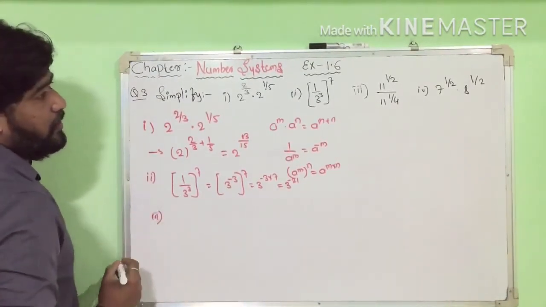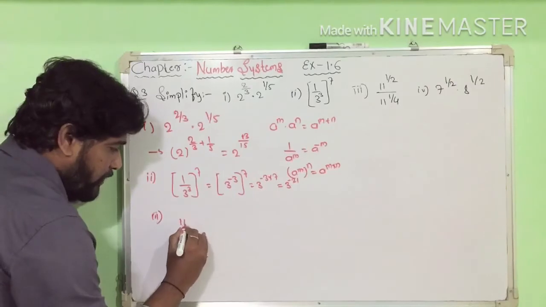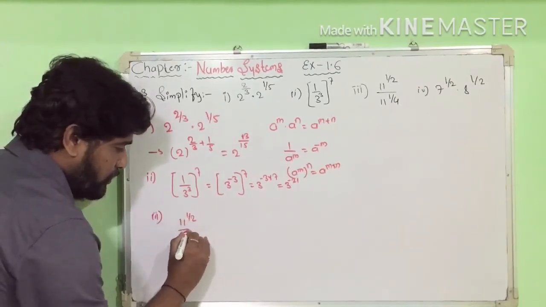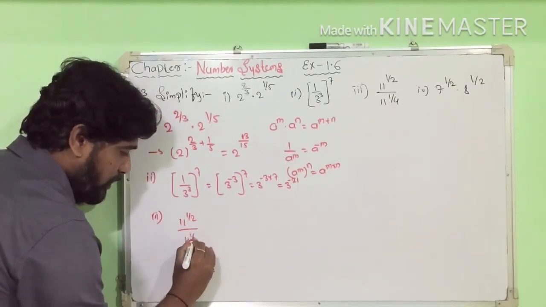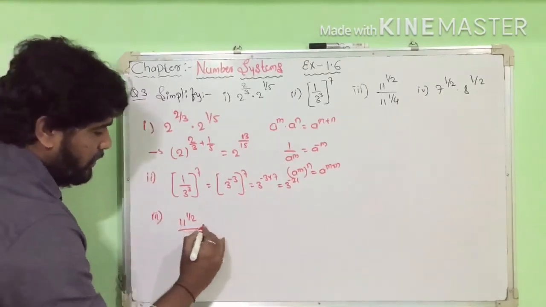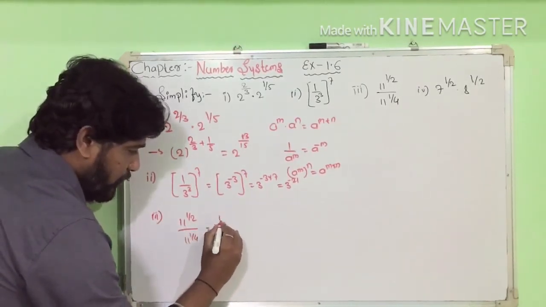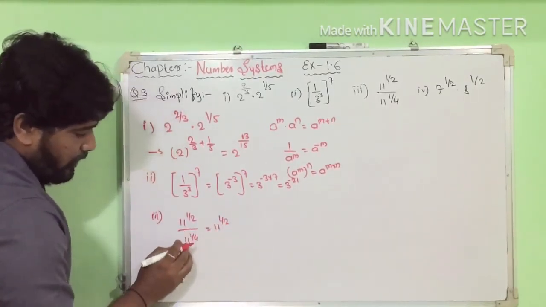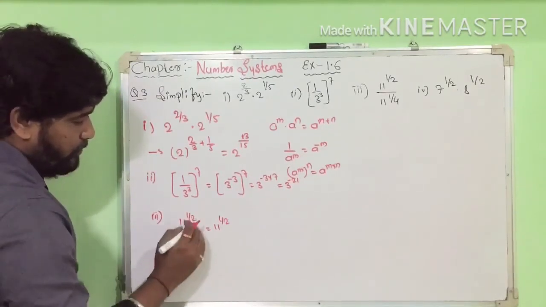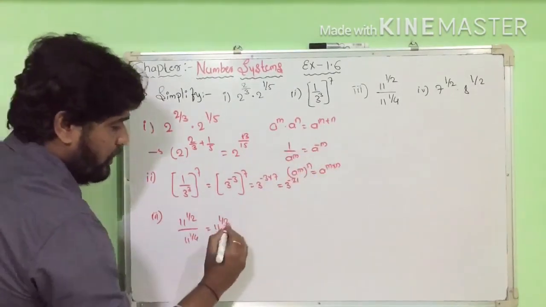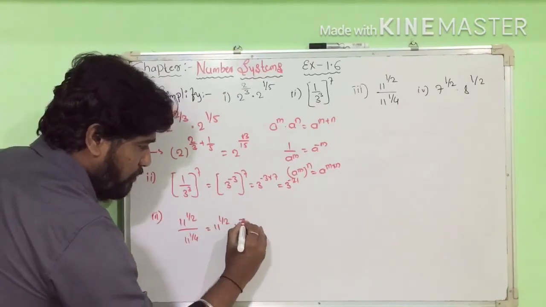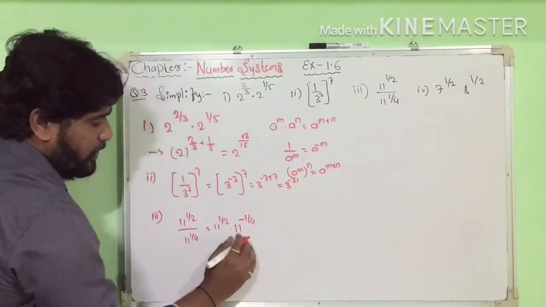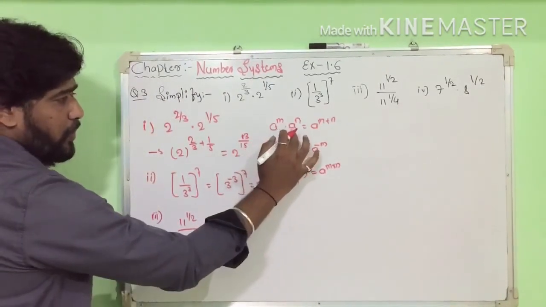So next, third one. What is third one? 11 raised to 1 by 2 divided by 11 raised to 1 by 4. So here write down 11 raised to 1 by 2 as it is. So 1 divided by 11 raised to 1 by 4, it comes to the numerator and becomes a minus, right? So into 11 raised to minus 1 by 4. Now it is in the form of a raised to m into a raised to n.